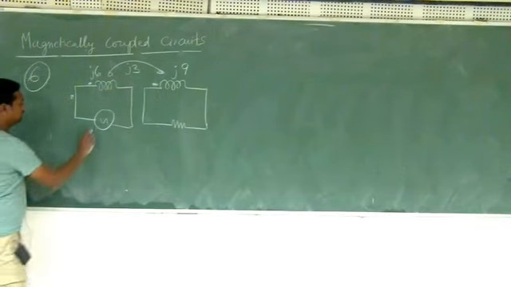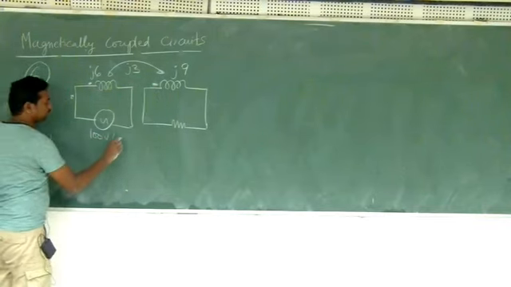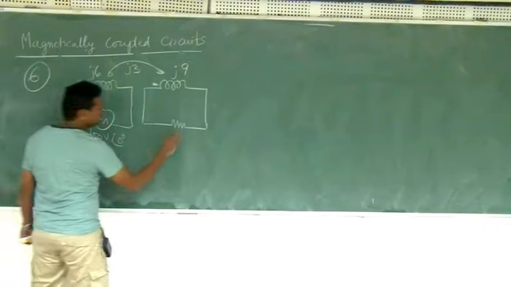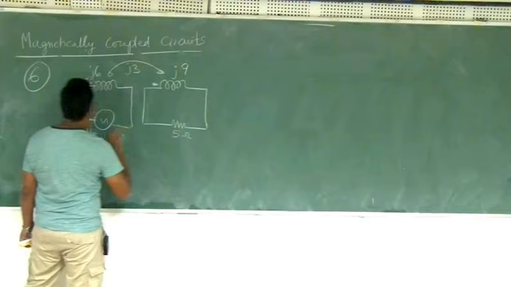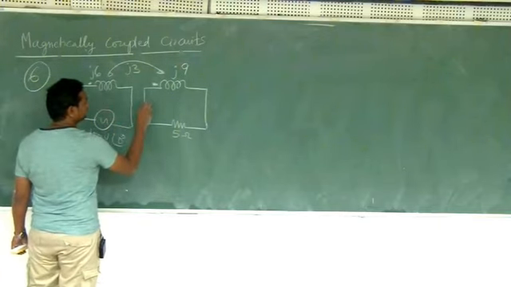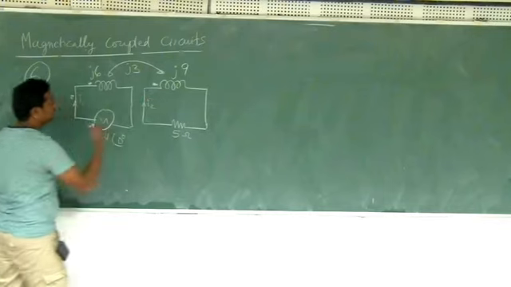Okay, so this is 100 volts, 0 degrees. Okay, so now I am asking, and this is, let's say, 5 ohms. So I am just I1, I2, whatever.